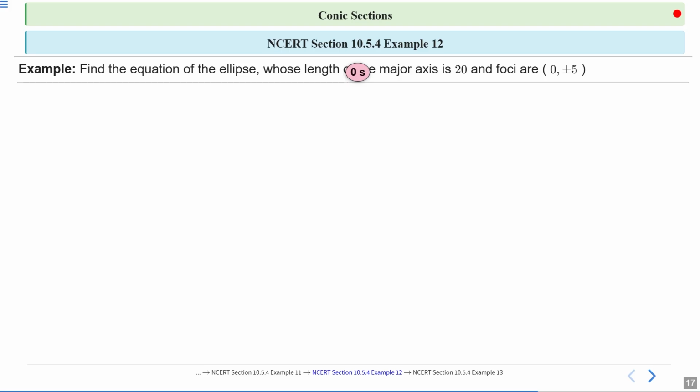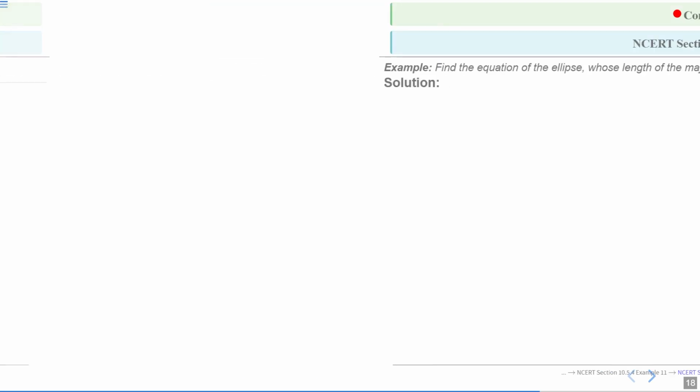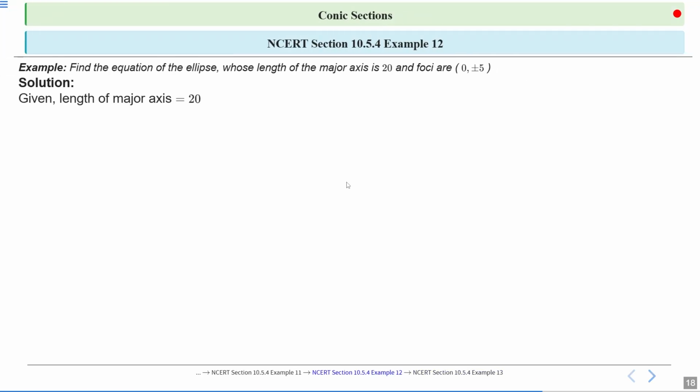Okay, students, now we will solve this example. So given length of major axis is 20 units, okay, and the coordinates of foci are 0 comma plus minus 5. So since the foci are on the y-axis, okay, so the major axis is along the y-axis.